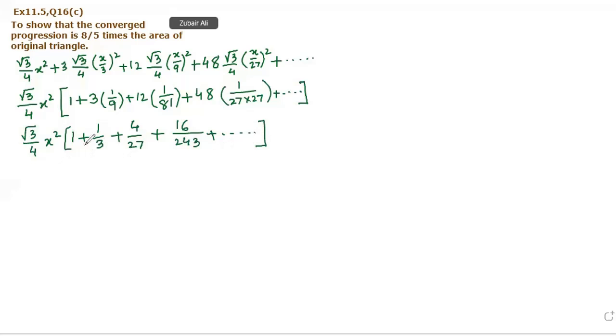Now, the GP inside this bracket is not a GP basically. Why? Because the ratio of first and second term is not equal to the ratio of second and third term. So what we will do, we will simply multiply the external value with 1 and we will keep this value common for the rest of the values.